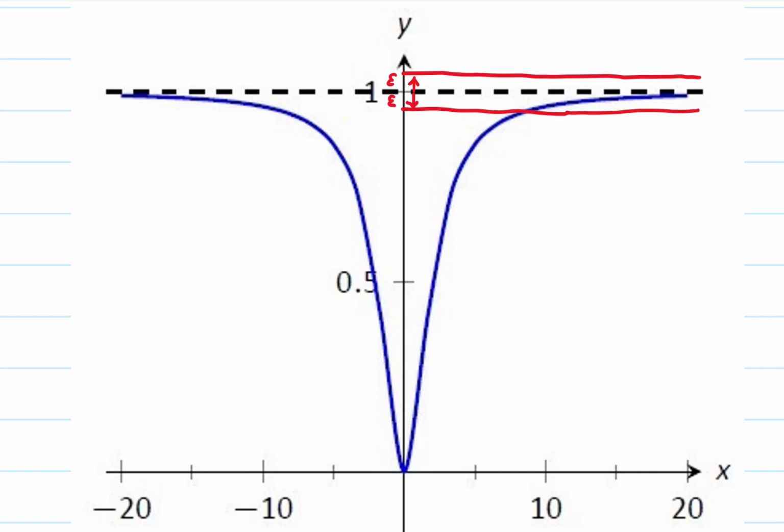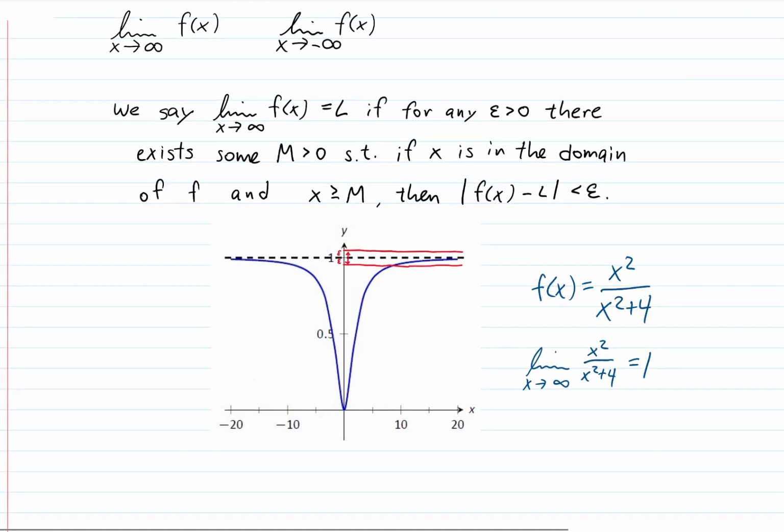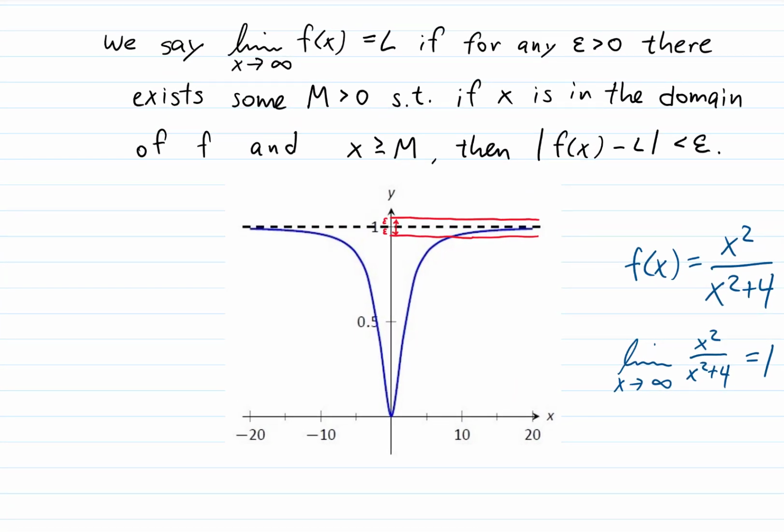Okay, then what the definition is saying, let's shrink back down so we can see the definition. For any epsilon greater than 0, so I drew an epsilon there, there exists some positive number, such that if x reaches that positive number, then f of x should be trapped within that margin of error. Well, where is the m for that particular margin of error that I drew? Look, it's right here.